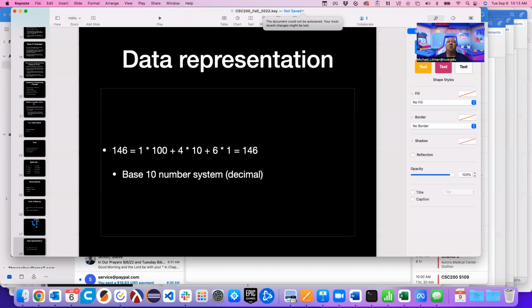And all the sci-fi books I read, the aliens always have 8 fingers, 4 in each hand. So they always use base 8. We're going to learn about all these different bases in here. But the reason why human beings have landed on decimal is because we have 10 fingers and it's easy for us to count that way. That's why we've chosen to use base 10.